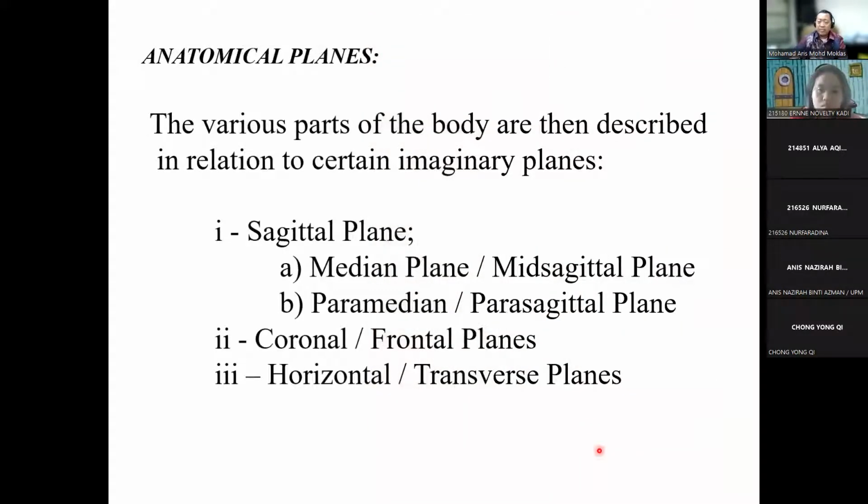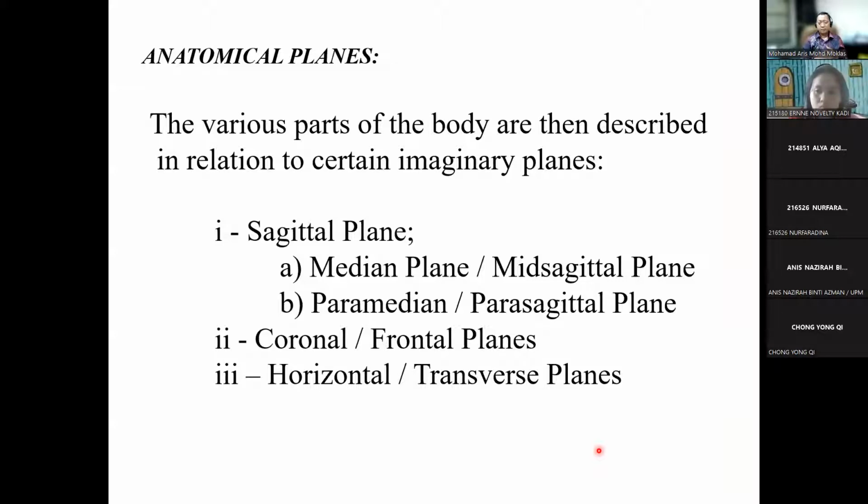Now, again, when you describe any structures in relation to anatomical position, of course, you need a reference point, a reference line, or here we call it a plane. So basically, the various parts of the body are described in relation to certain imaginary planes.